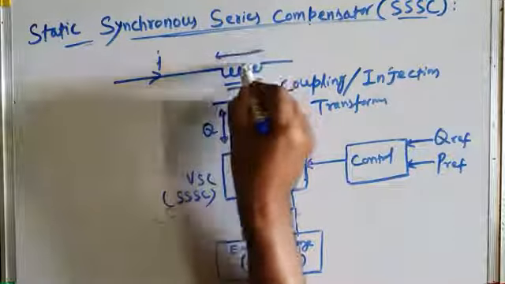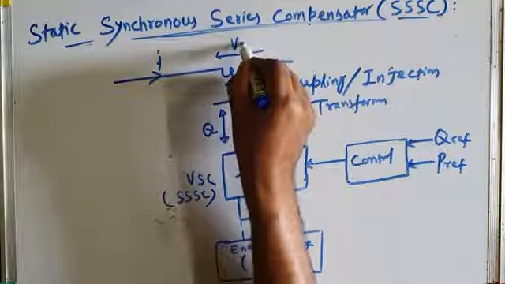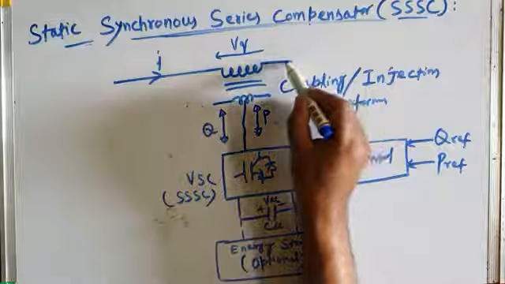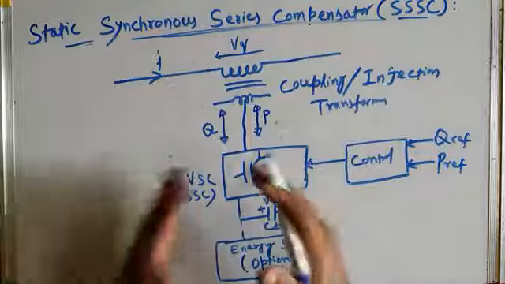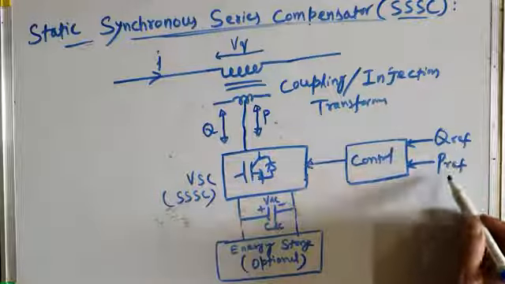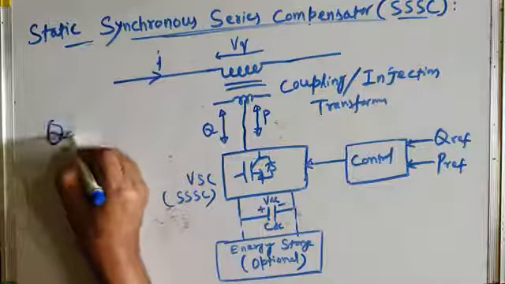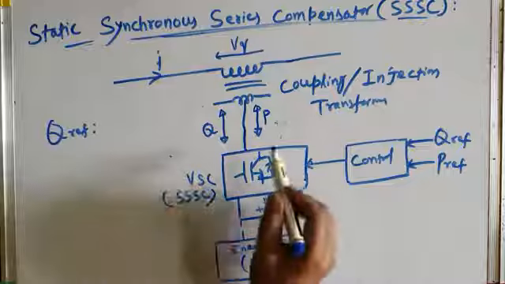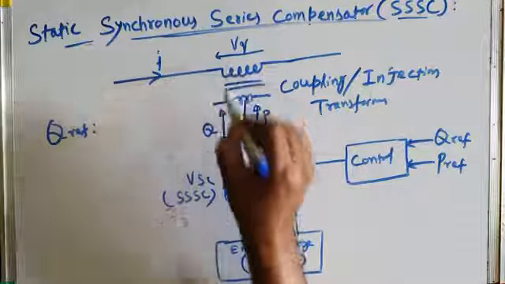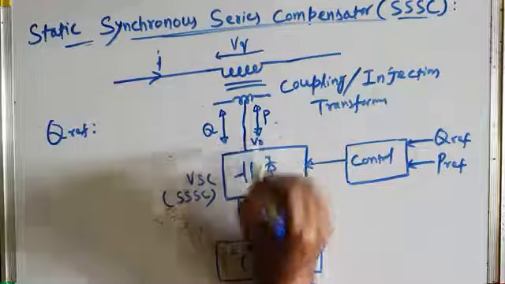And across this transformer secondary, there is a voltage VQ, which is of controllable magnitude. Okay, so that's it. This is how a static synchronous series compensator, SSSC, is connected in the system. Now, as far as QREF and PREF are concerned, say, for example, the bus voltage is V and the inverter output voltage is V0.